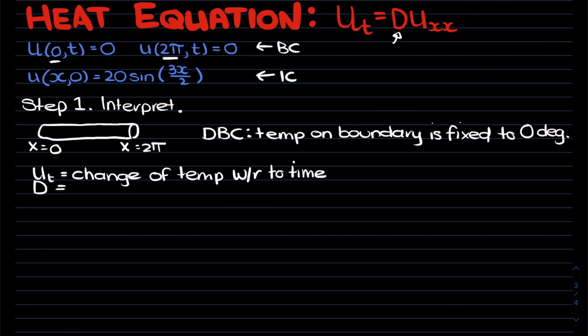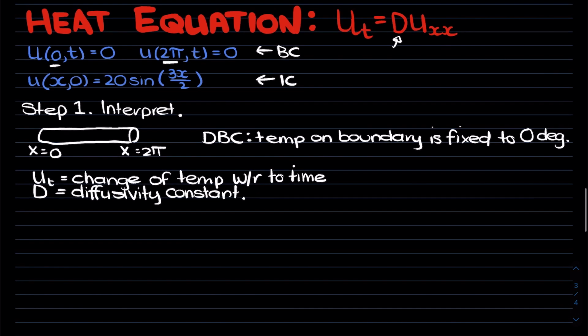And also D in the equation up here is just our diffusivity constant. Each material has its own diffusivity constant. It's just a constant, so I'm just going to be treating it as such. Just be aware that the diffusivity constant D is really easily mixed up with the c squared of the wave equation, because the wave equation looks like this, u_xx.